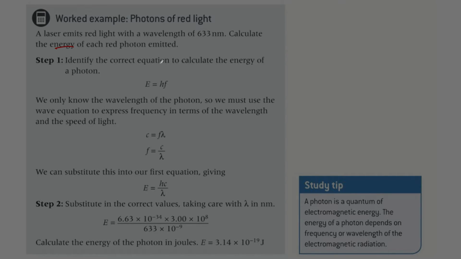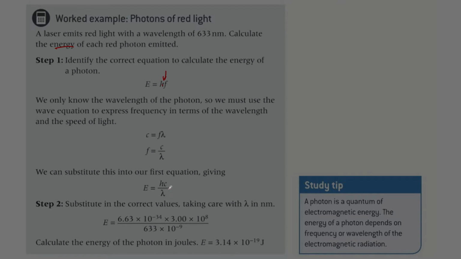Remember, this will be on your equation sheet in the exam. E equals hf. So h, remember, is Planck's constant, and that is also shown in your equation sheet. But we are told the wavelength, but we need f in this equation, so we need to do what I showed you in the previous screen. We need to substitute for f using this equation here, so that E equals hc over lambda.